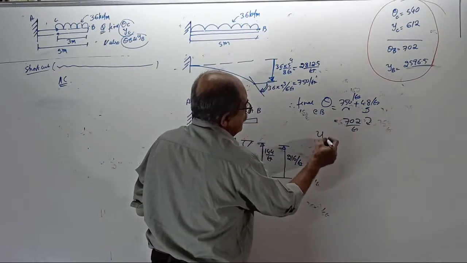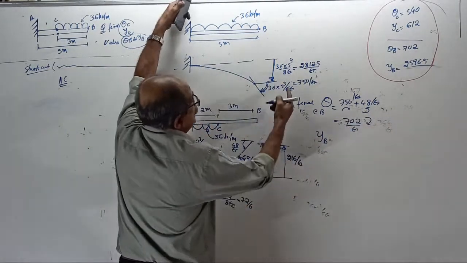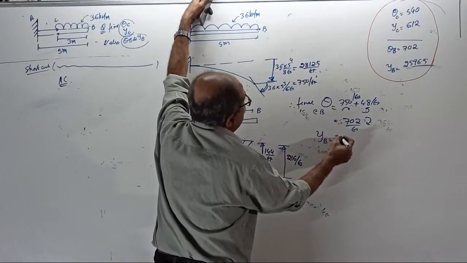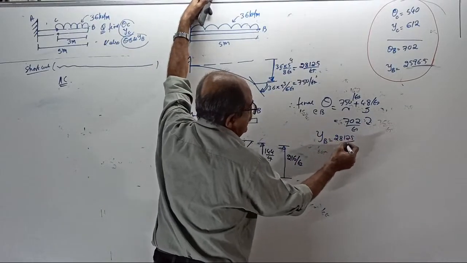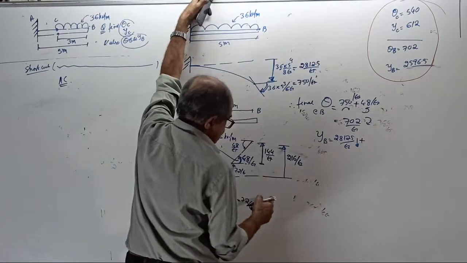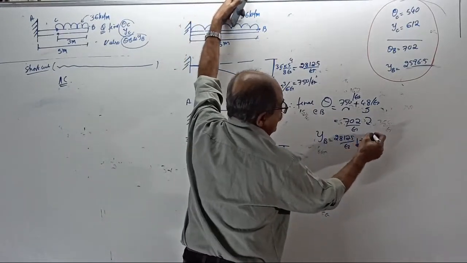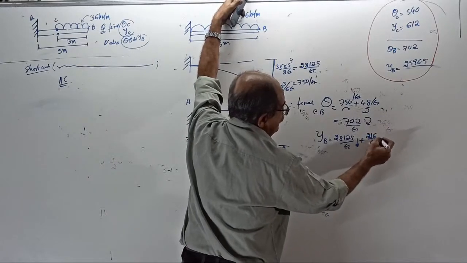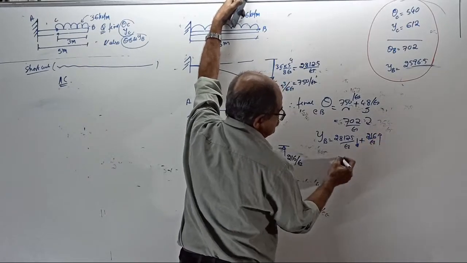The final deflection at B is originally 2812.5 by EI meter downward, plus 216 by EI upward.